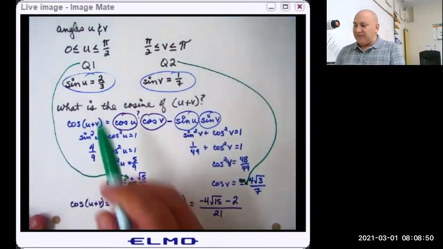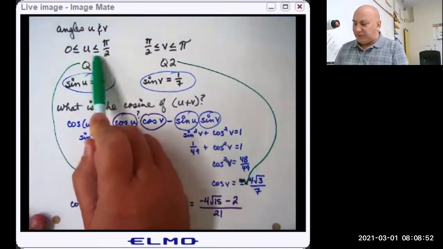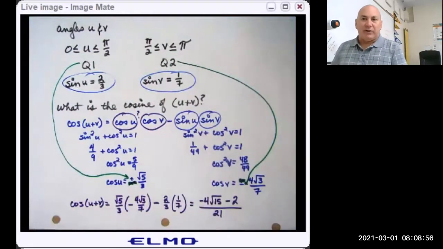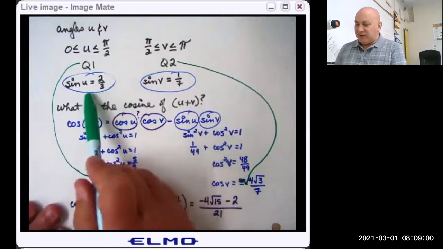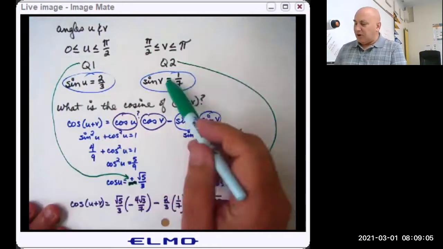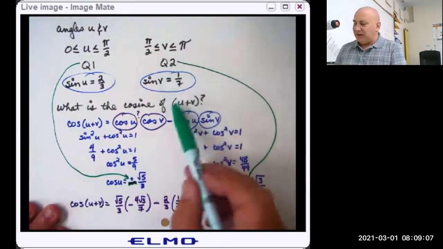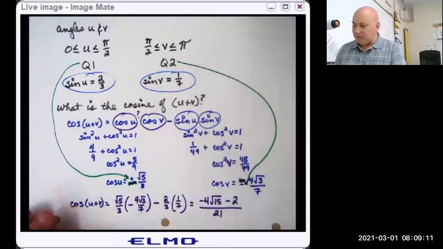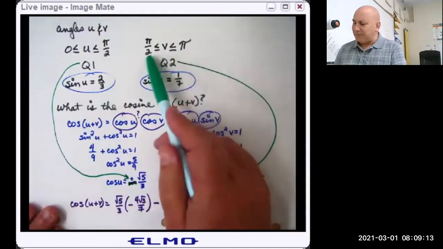So let's say I have an angle U, which is in the first quadrant, and an angle V. All I know about angle U is that its sine is 2/3, and it's in the first quadrant. And all I know about angle V is that its sine is 1/7, and it's in the second quadrant, my bad, second quadrant.